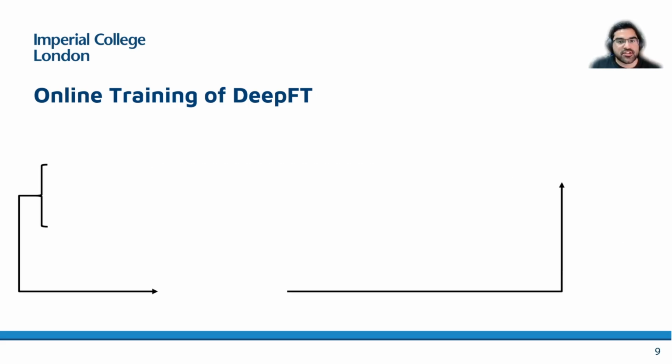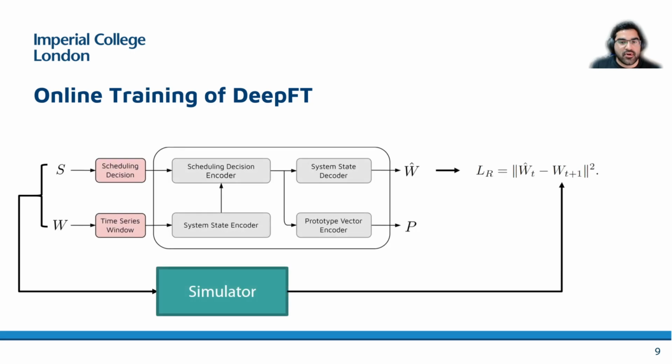Now, once the model is trained offline on a pre-collected data set, it is critical to keep training it using new data to account for concept drifts due to changes in the workload characteristics. However, online at any time step, we do not have the resource utilization characteristics of a future time window. To resolve this, we leverage what we call co-simulations that we described previously to generate self-supervision labels.